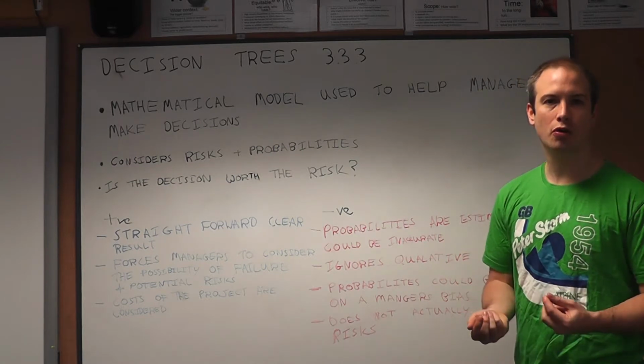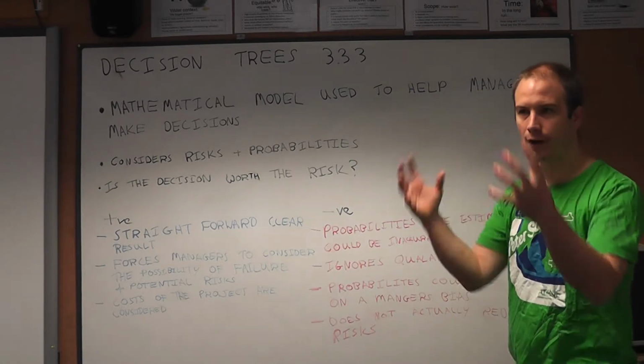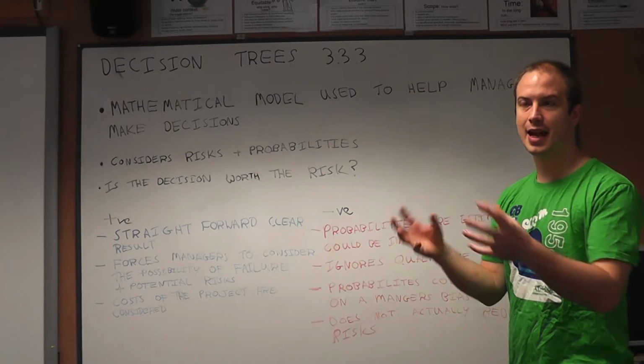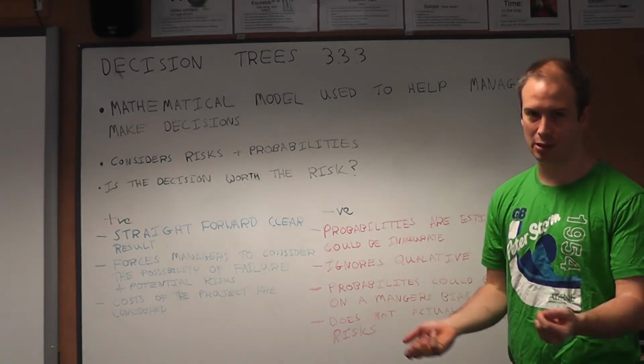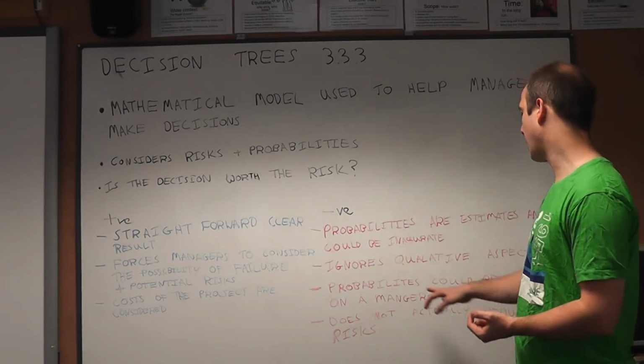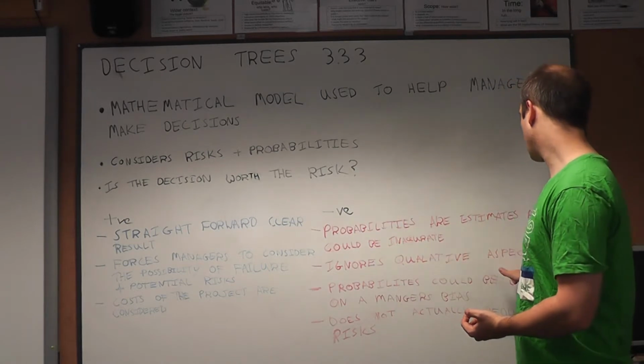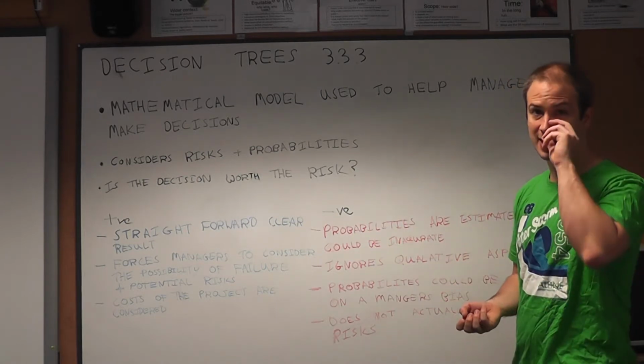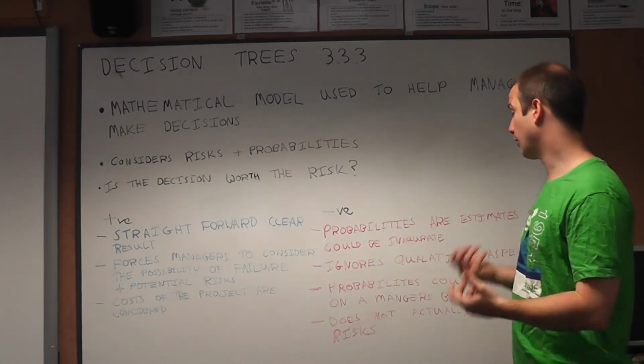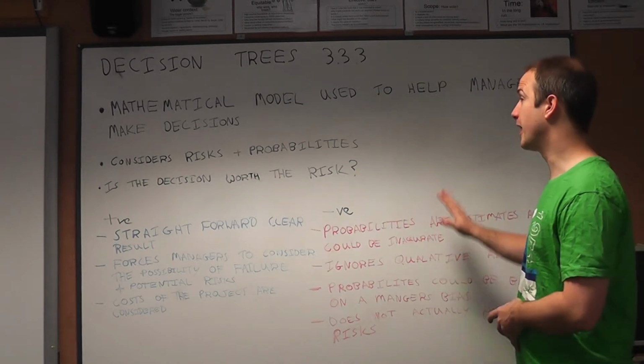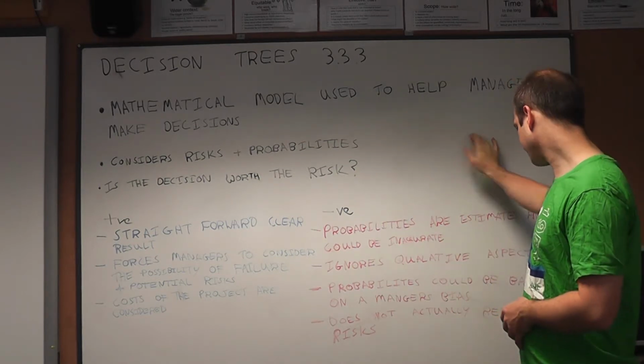People's actions are not usually something that you can condense into some statistical figures. Humans don't operate like that. So qualitative aspects are very difficult to include in the decision tree. It's purely a quantitative method.